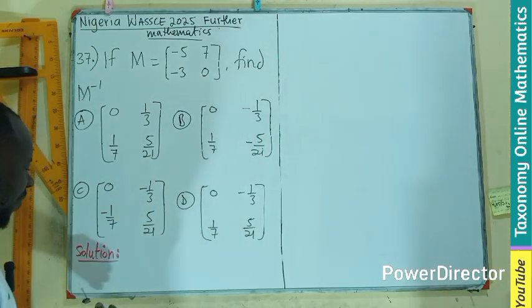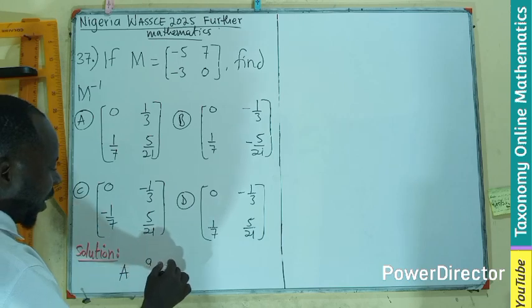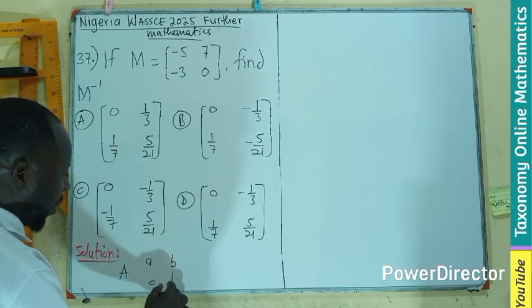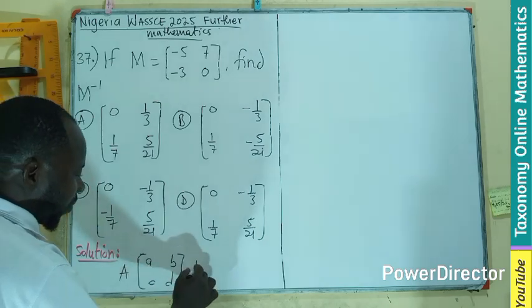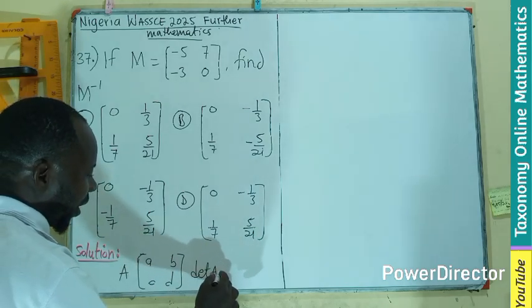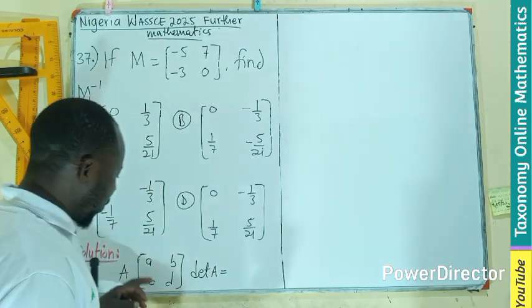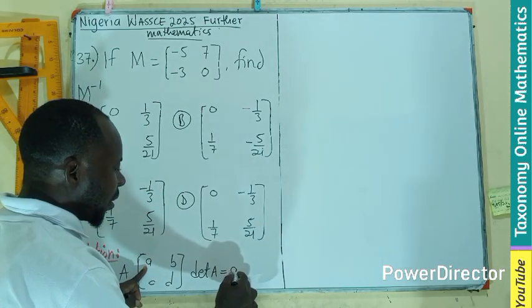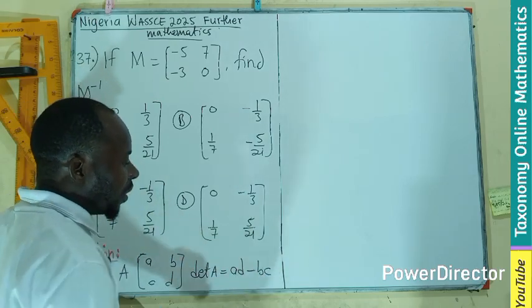Let's say I'm having a matrix A, which has the entries a, b, c, d, and I'm going to find the determinant of A. Remember, the determinant of A is going to be a scalar number. So we find the leading diagonal ad minus the other diagonal bc.